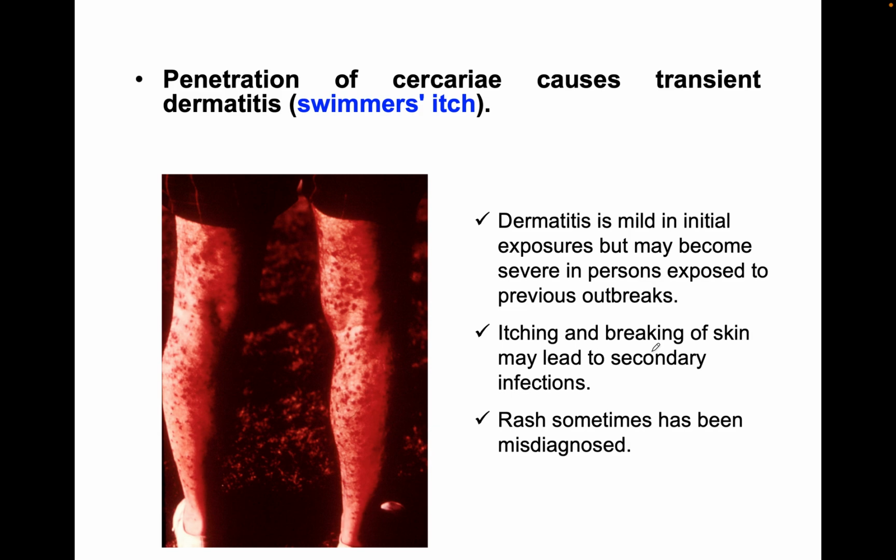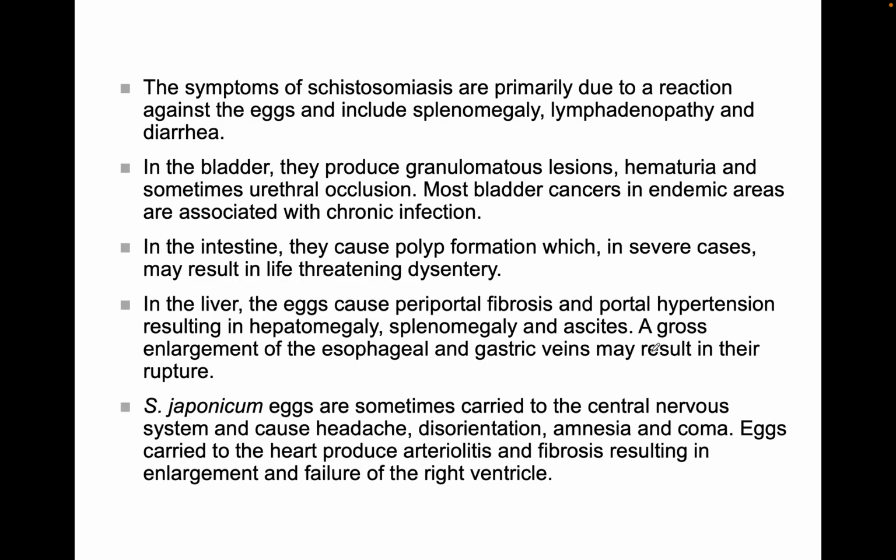Dermatitis is mild in initial exposure, but if the patient is infected repeatedly, the hypersensitive reaction may be severe, and there might be a sudden outbreak. Then itching and breaking of the skin may lead to secondary infection, and the rash can sometimes be easily misdiagnosed.